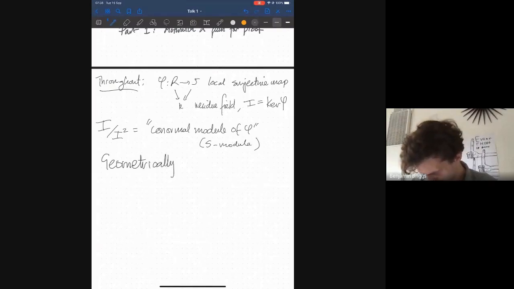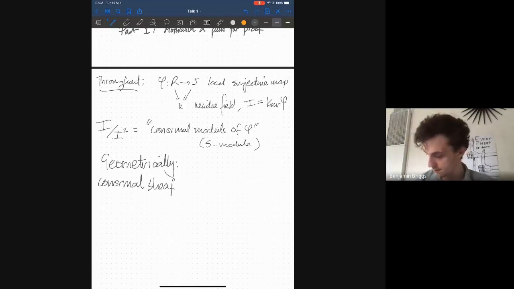Geometrically, at least, there's the conormal sheaf.